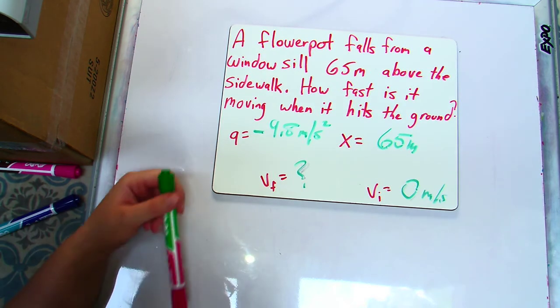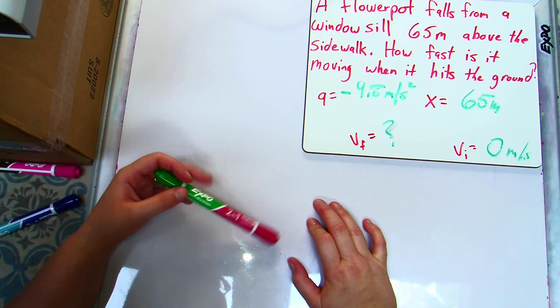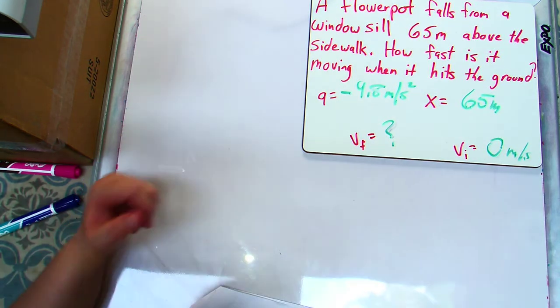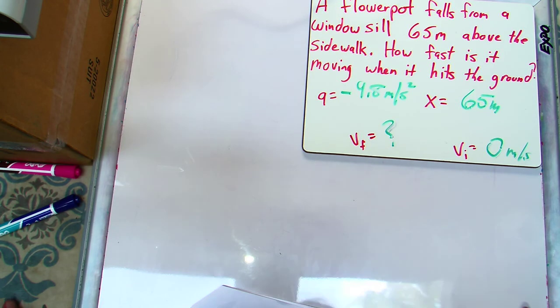We cannot use a equals vf minus vi over delta t, because we don't have time. Instead, we have the displacement. But we did recently solve, in one of our videos, for final velocity related to constant acceleration.